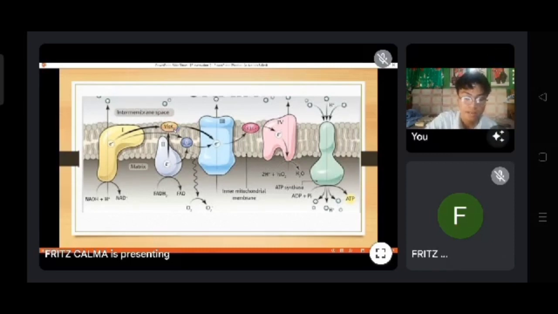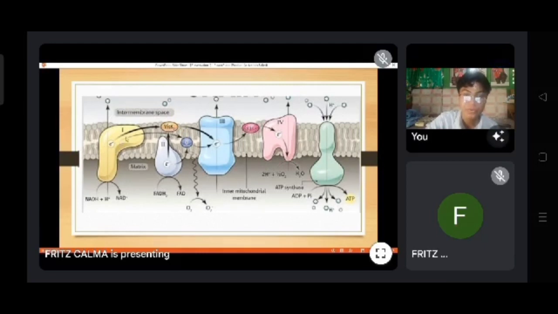Si electron carrier Q natin, gayon din si complex 1. Ipapasa nilang dalawa yung na-produce nila na electrons. Pero mabalikan po natin yung proton gradient, or yung hydrogen ions, pinapalabas po yung protons, and hindi po ipinapasa sa kabilang complex.